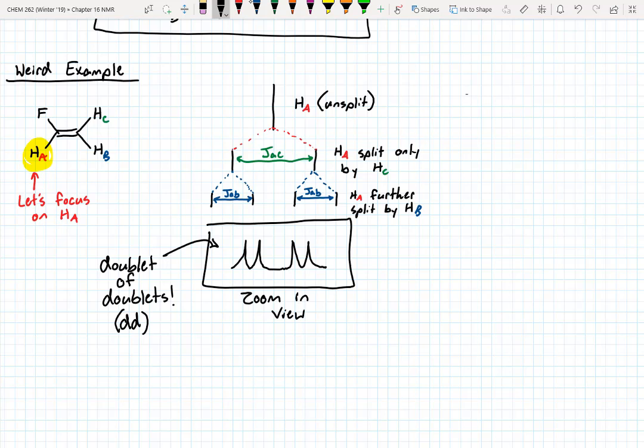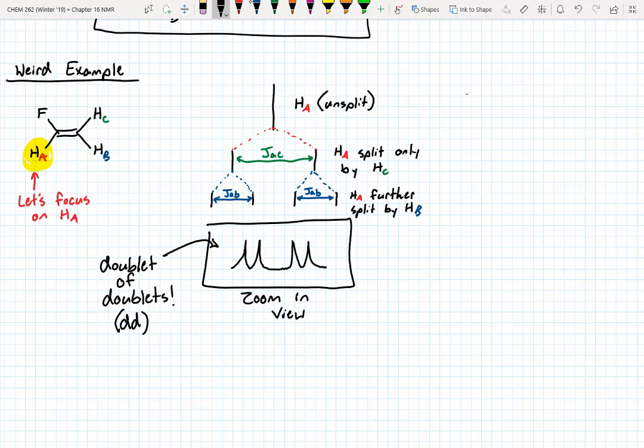Sometimes the coupling constants are so similar that they're almost identical, and so it follows the normal n+1 rule. Take alkanes, for example. For most alkanes, we don't observe the weird splitting pattern because one sp3 hybridized proton is going to be very similar to another sp3 hybridized proton. However, in this example, we had cis and trans. That's what really caused it to be different.